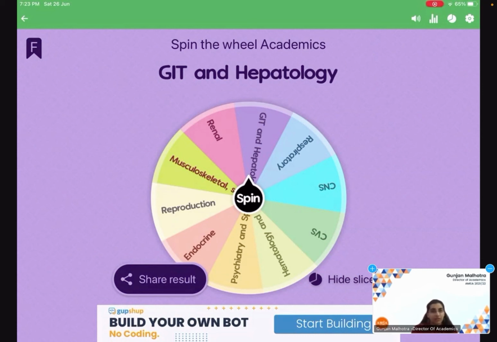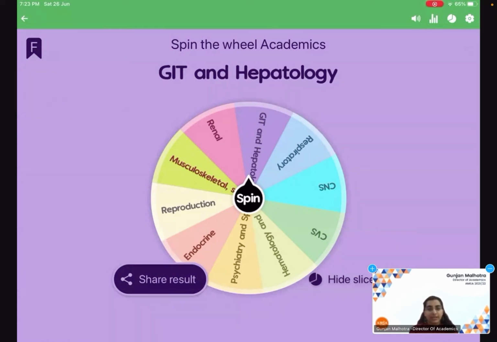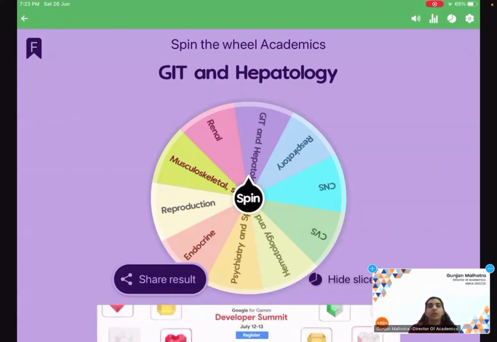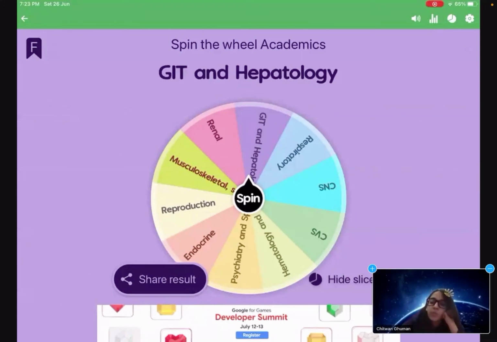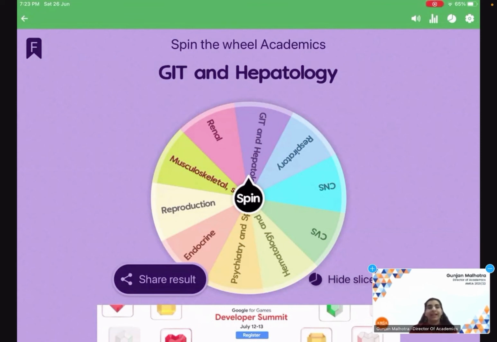I think it's the overexpression of COX-1. And it is absolutely correct, and you get a plus 40.